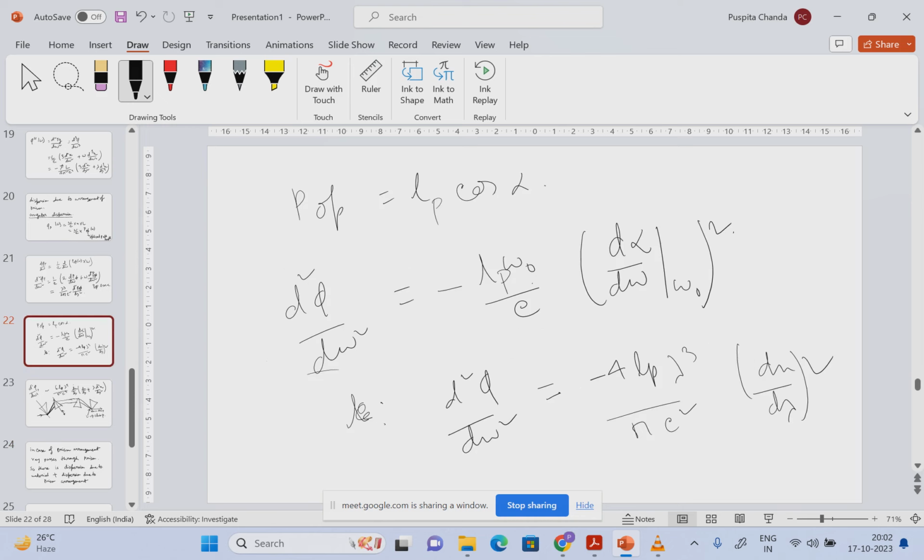One thing I forgot. Alpha. What is alpha? Alpha is the angle of rays relative to the central frequency omega naught. And L p is the side of the prism.